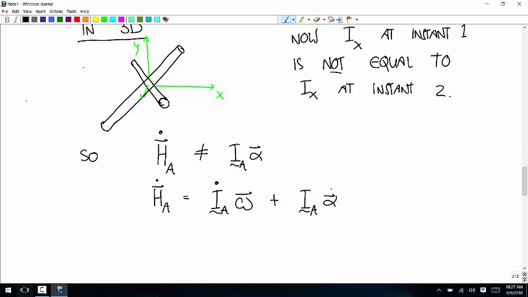But then what you have to do is use our approach for rotating coordinate systems, and so to take that time derivative, what you get for H A dot is equal to I alpha plus omega crossed with I omega.